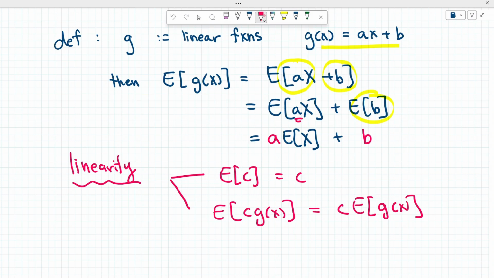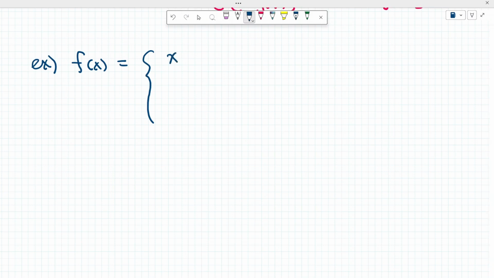So let's close off by looking at an example of trying to find the expected value when we have a continuous random variable. We know what our formulas are. For example, we will have our function equal to some piecewise continuous function. In my previous video on probability density functions, one of the criteria is that it has to be piecewise continuous.